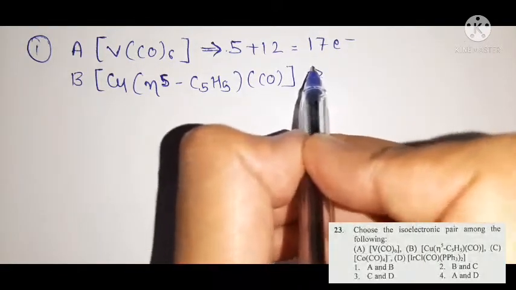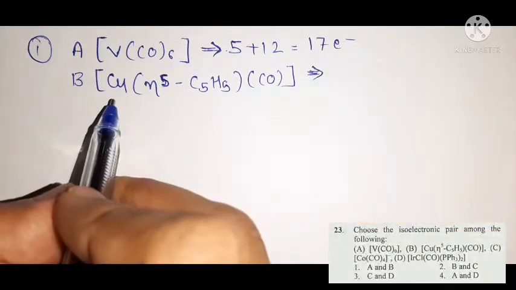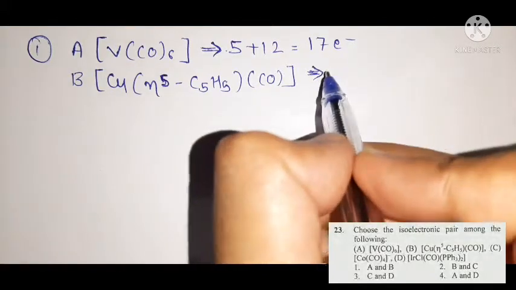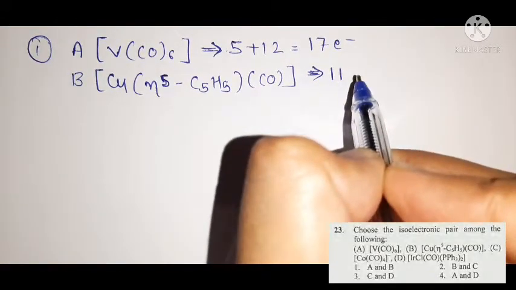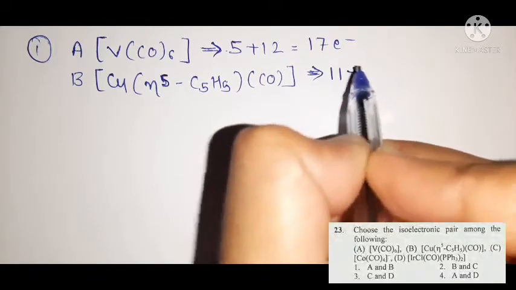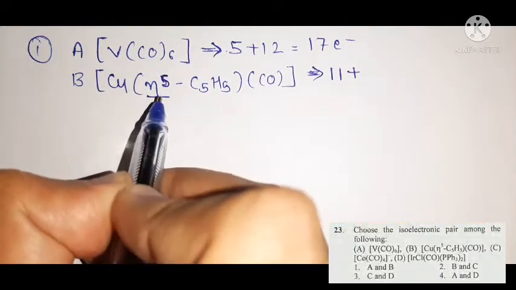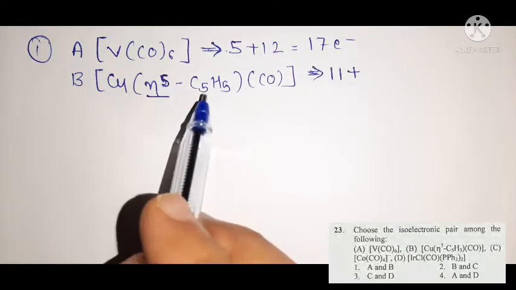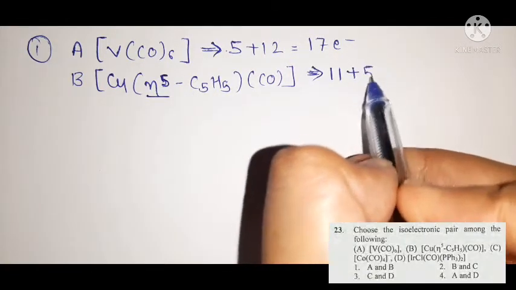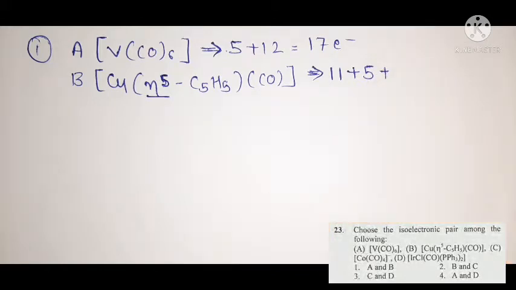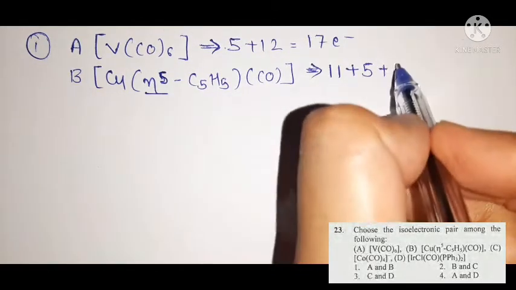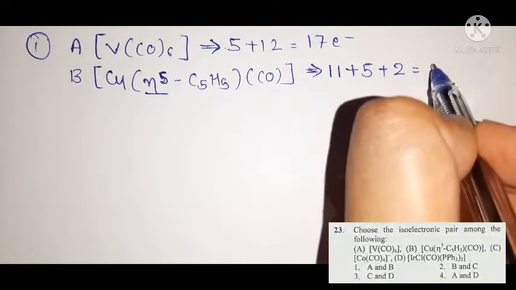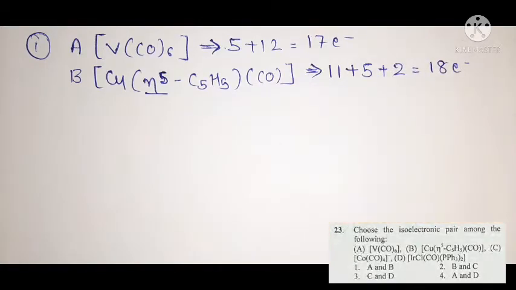On the basis of this complex, copper has 11 electrons in its valence shell, plus because it is η5, the cyclopentadienyl can donate 5 electrons. So 11 plus 5 plus 2 electrons donated by 1 CO ligand, so this is an 18 electron complex. So 18 electrons are present in your second complex.